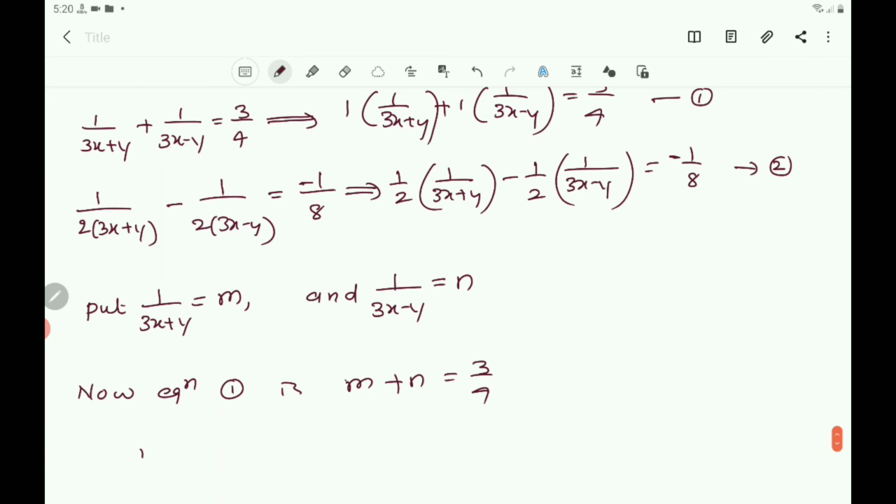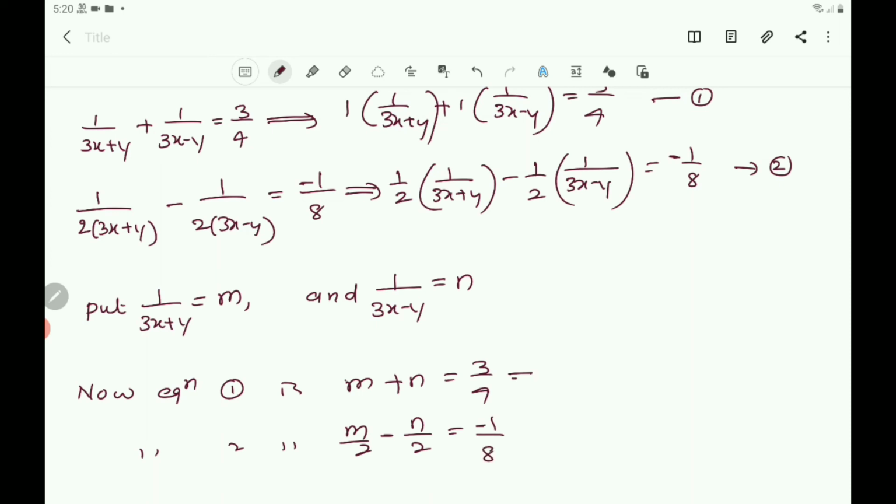And equation 2 is 1 by 2 into m, that is m by 2, minus n by 2 equals minus 1 by 8.